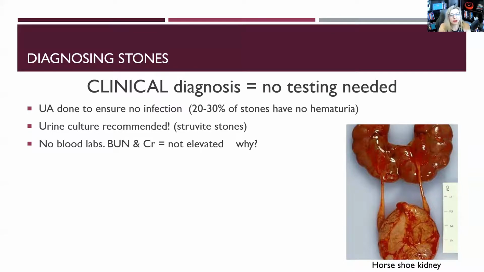So beyond blood labs, I often have students talk about BUN and creatinine, and they always want to order a CBC looking for low blood counts, and they want to order a BMP because they want to find out if the BUN and creatinine is bumped. BUN and creatinine in a typical kidney stone is not elevated. Why?